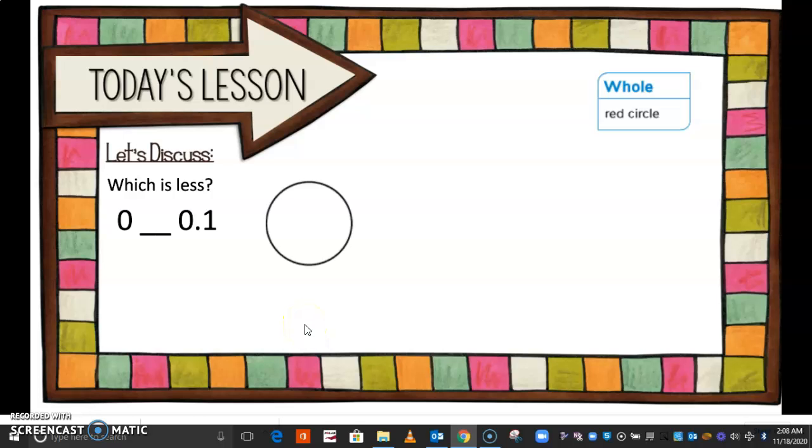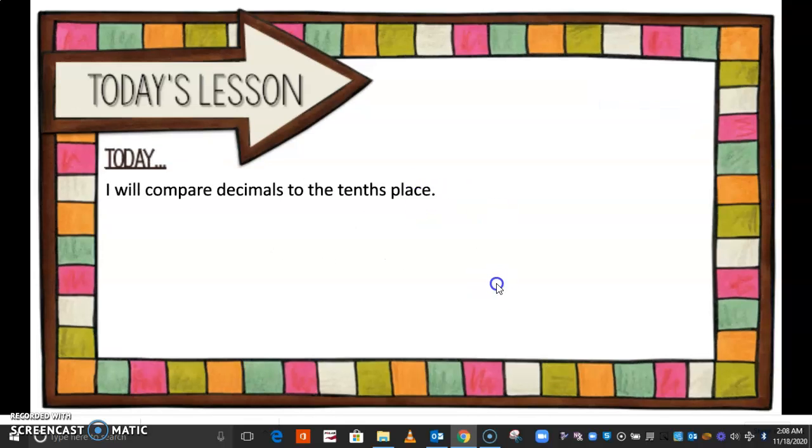Well, 0 is just 0. 1/10 is going to have at least one fraction piece on there. So which one's less? Is that right? That should be flipped around because 0 is nothing. So it can't be more than, right? So 0 is less than 0.1. Even though it's a tiny bit, it's still more, okay?